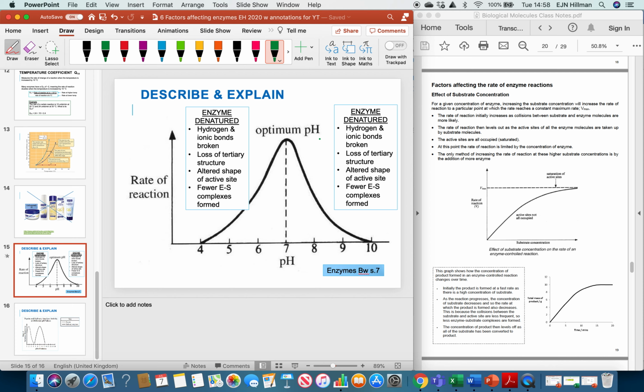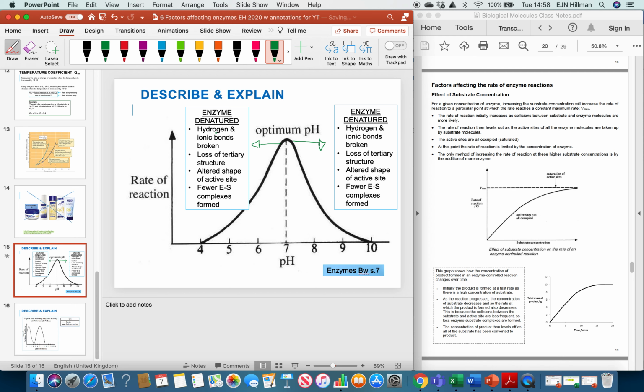Any deviation away from the pH, so maybe becoming more alkali or becoming more acidic, the tertiary structure of the enzyme changes, which leads to changing in the shape of the active site. So the active site becomes altered, fewer enzyme substrate complexes are able to form.